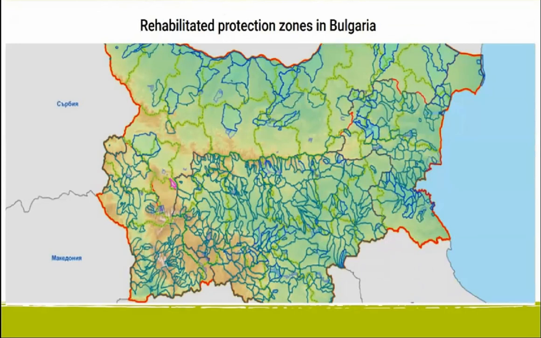First, we created generalized layers for sanitary protection zone belts 1, 2, and 3 using the dissolve feature. Secondly, we created intersections between the generalized sanitary protection zone layers and the spatial layer, integrating the borders of the municipalities in the country using the intersect feature.